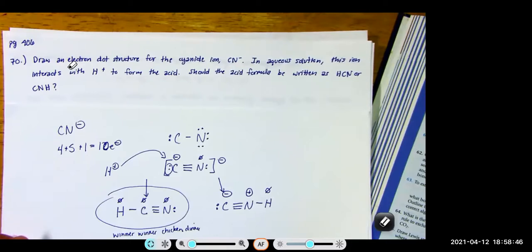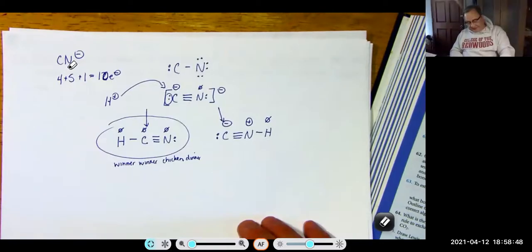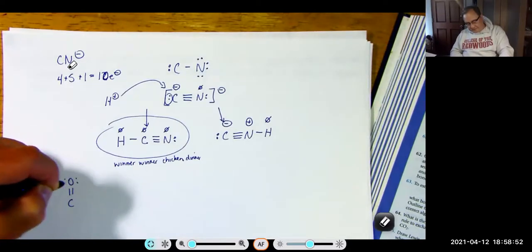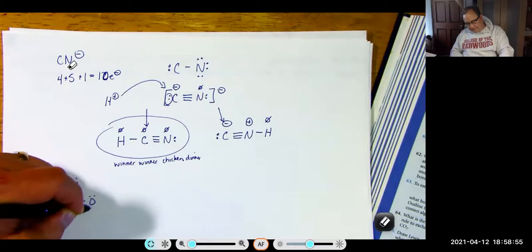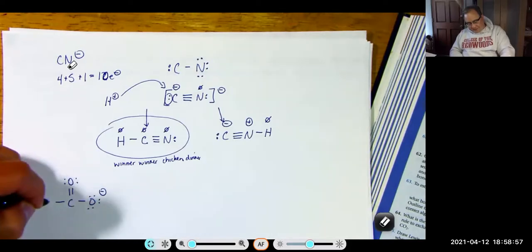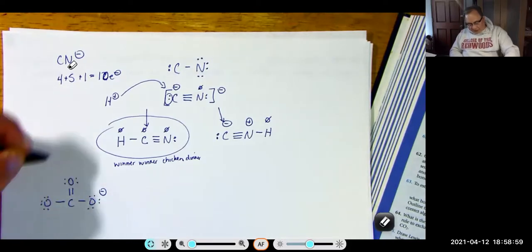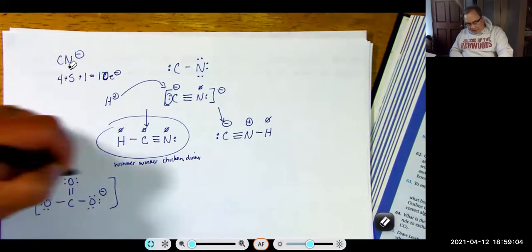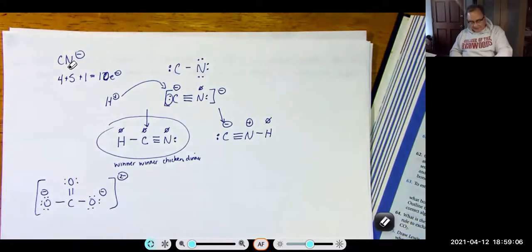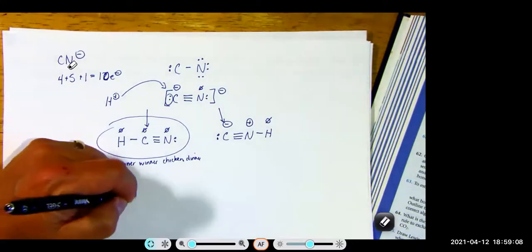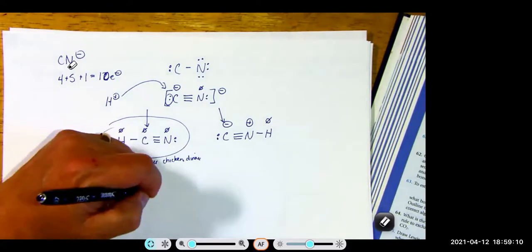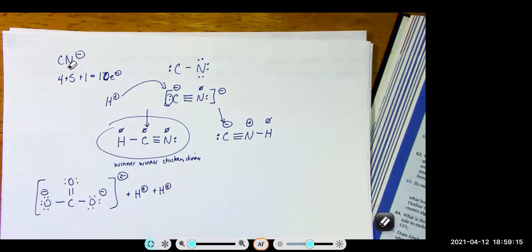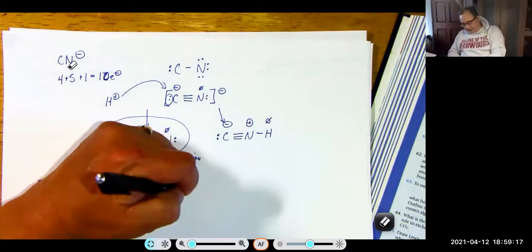So for instance, if we had another one like this, now this has 3 resonance structures, but when we want to look at where the hydrogen would bond, where do you think it would bond? On one of the negatives. Let's do 2 of them, on either side. That's right. That makes the most sense, doesn't it?